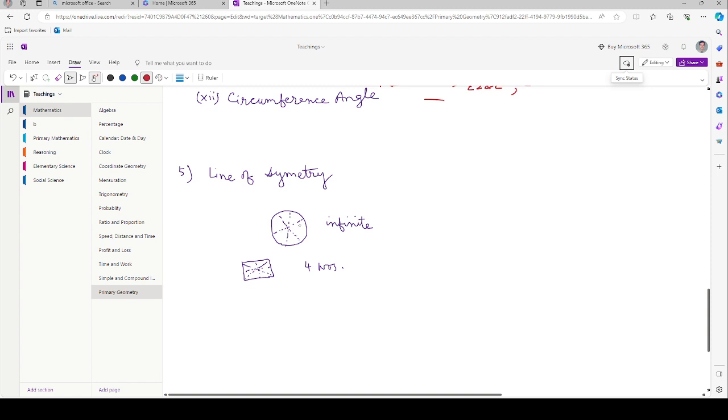Then these lines are known as lines of symmetry. For a circle, there are an infinite number of lines of symmetry. But for a rectangle, there are only two, these two and these two, that is, four lines are lines of symmetry.